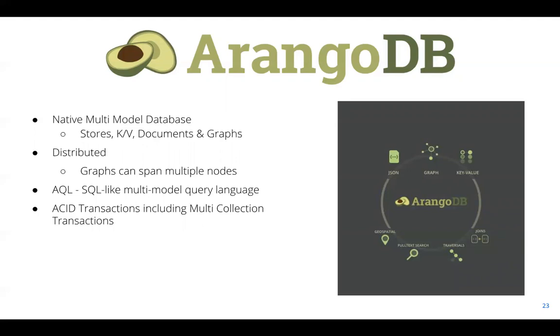But in most real life use cases I encountered, it's not a pure graph use case or a pure document use case. So what I've seen a lot of people do is implement a layer on top where you can merge data from both a graph database and a document database. And the idea behind ArangoDB is really to put it into one database core. It's also distributed, so even your graphs can span multiple nodes, and there's one query language across all those different models.